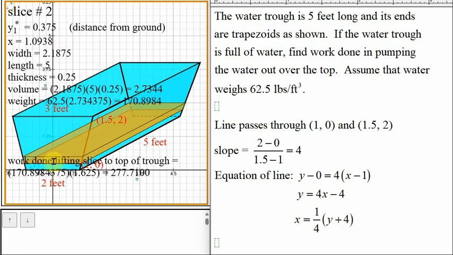And therefore, this right here is 0.375, and therefore the corresponding x using this equation right here is 1.0938. And then multiply by 2 to get the width of this slice number 2.